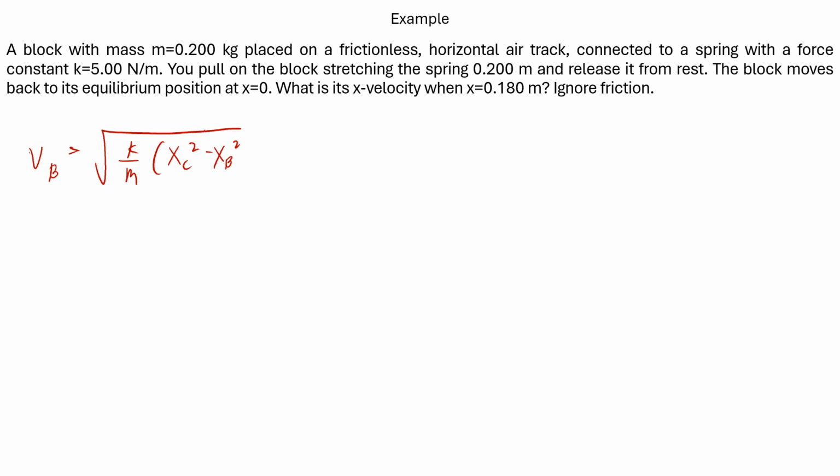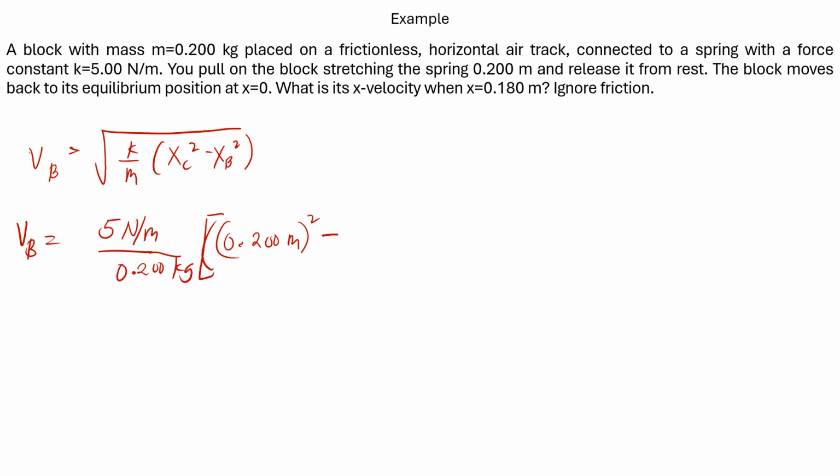Your vb will now become the square root of k, which is 5 newtons per meter, divided by the mass, 0.200 kilogram, multiplied by xc, which is 0.200 meters, squared, minus xb, which is 0.18, squared.